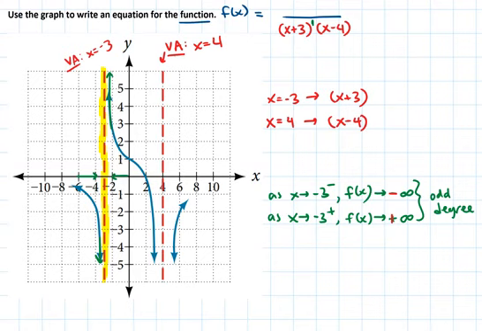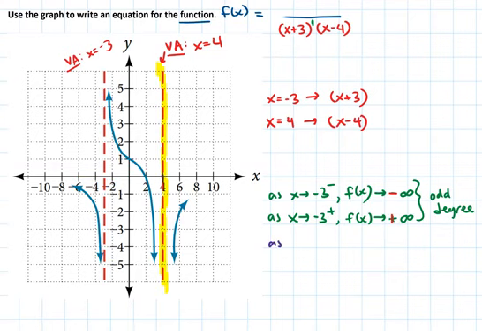Now, same story. I want to look at the behavior around the next asymptote. I'll use purple to help you. Again, we're looking at 4. Let me clean things up a little bit for you. My focus again is what's happening at 4.